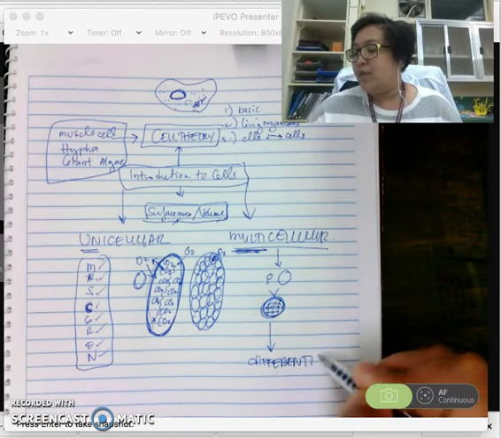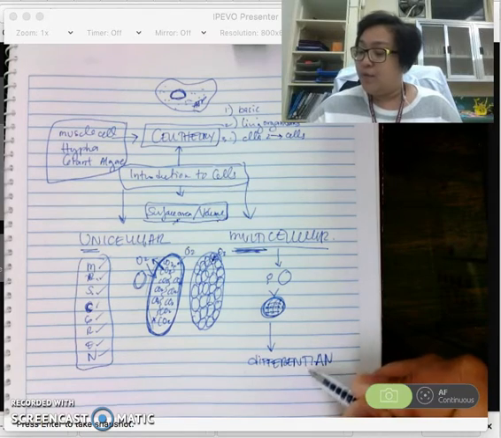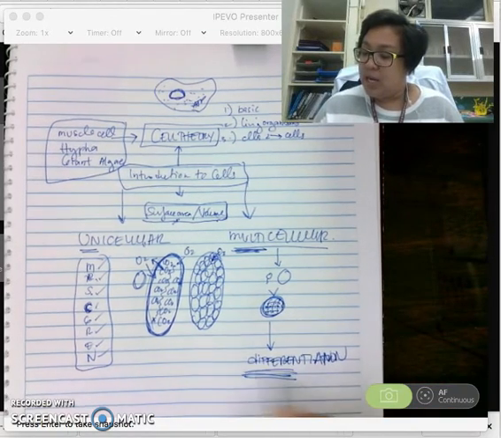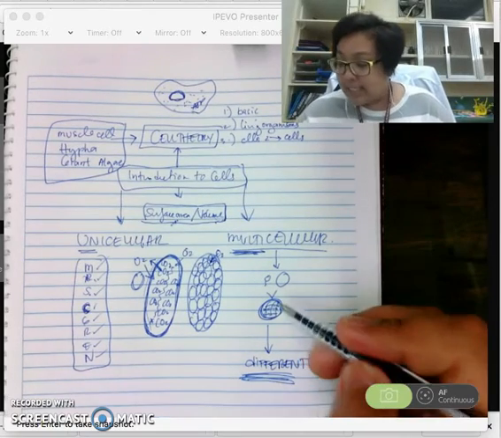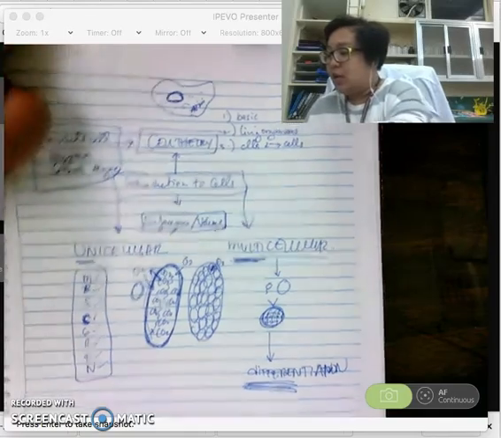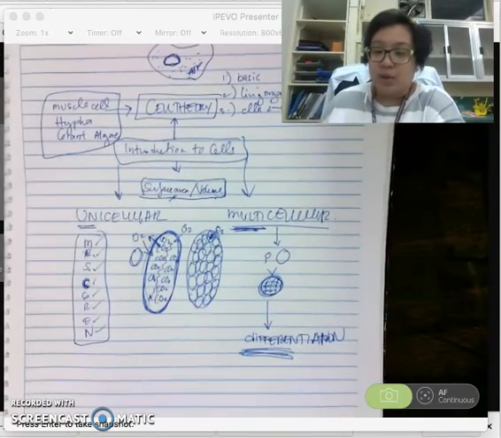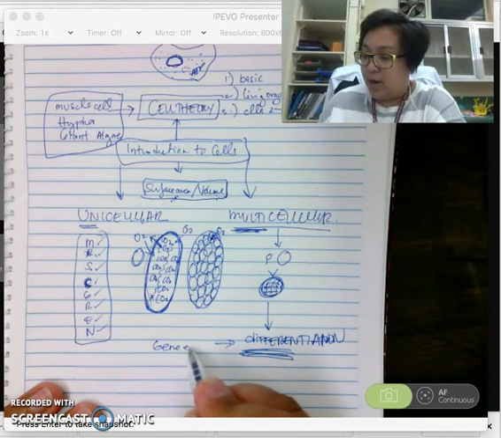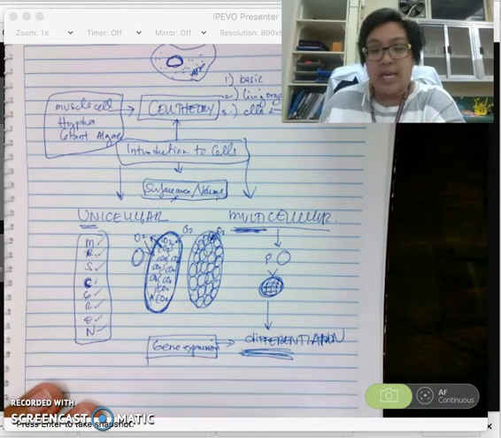Differentiation, from the word differentiate. To differentiate means all of those similar looking cells can start to look different from each other now. And how is this possible? Because cells can express their genes differently.